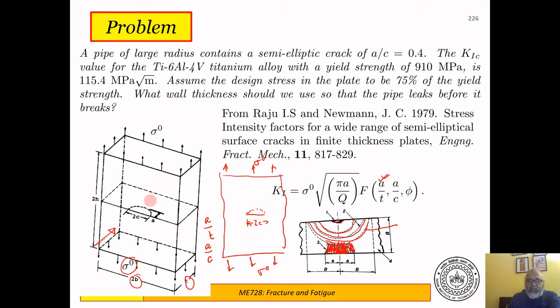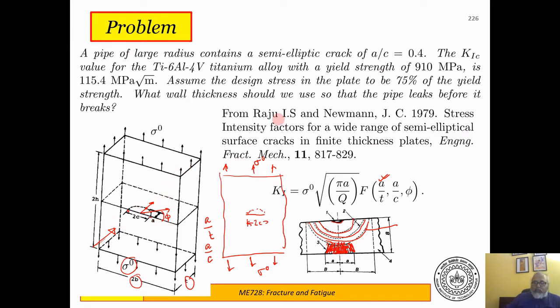And also how the stress intensity factor varies according to this angle phi that we measure from this end. So phi equal to 90 is this point, phi equal to 0 is this point, right? Basically what we want the crack to do is to grow preferentially along the phi equal to 90 direction rather than grow along the phi equal to 0 direction.